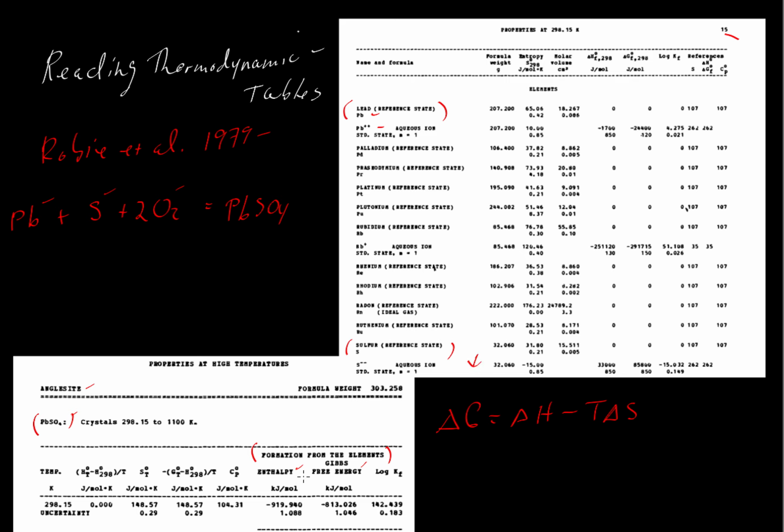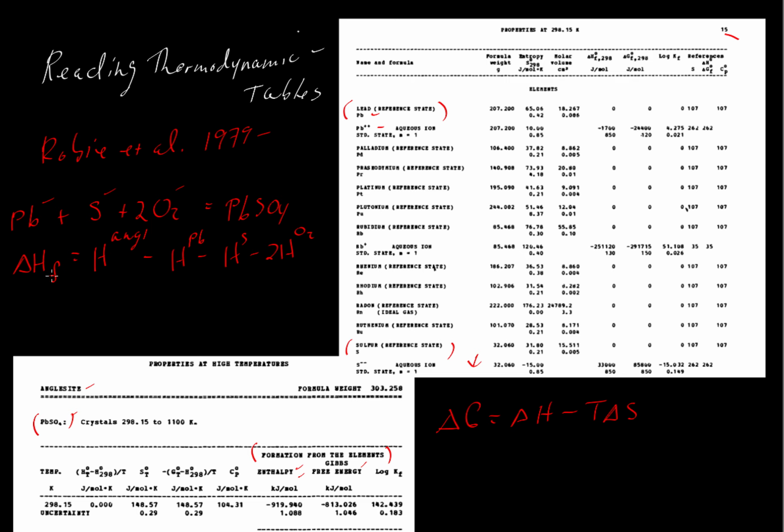When they list the enthalpy here, that is the heat of formation, which we can write as delta H sub F, which would be the enthalpy of anglesite, just write it like that, ANGL, minus the enthalpy of lead, minus the enthalpy of sulfur, minus 2 enthalpy units of O2 gas.